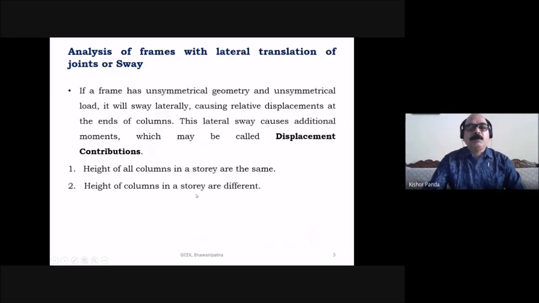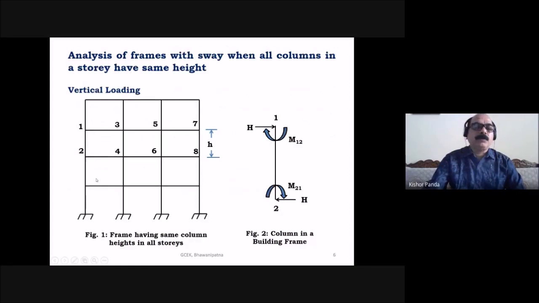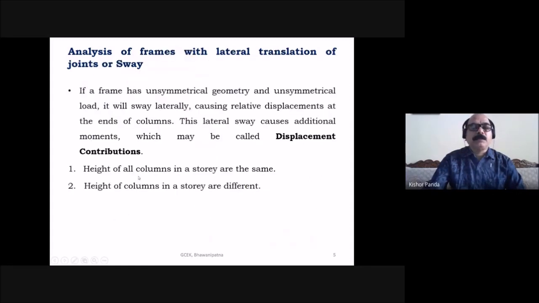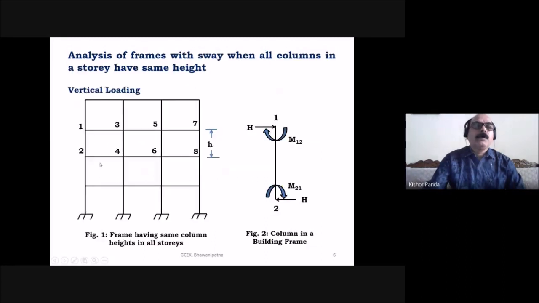Similarly, when the heights of columns in a story are different, that is a different case, a different analysis. So here we will discuss the analysis of a frame with sway when all columns in a story have the same height. So this is the frame having the same column height and acting vertical loading.